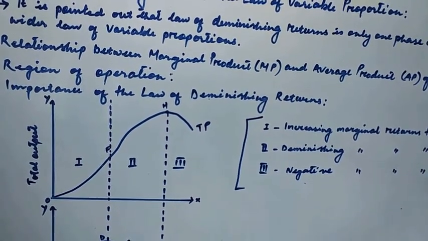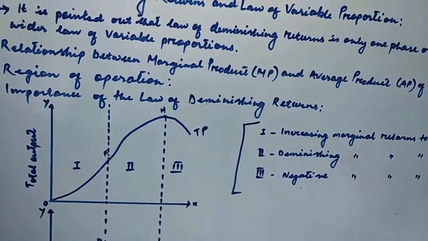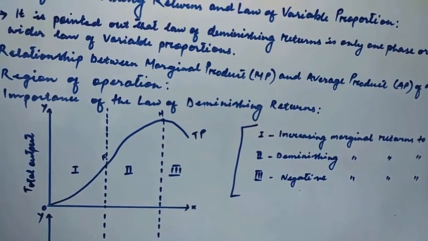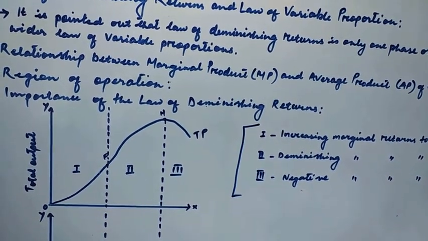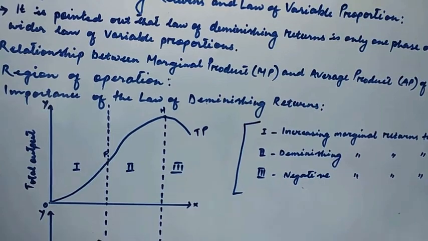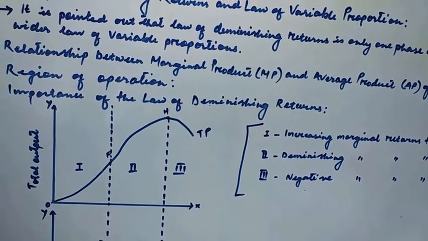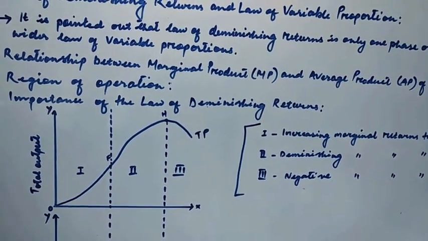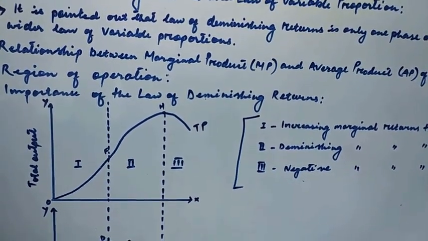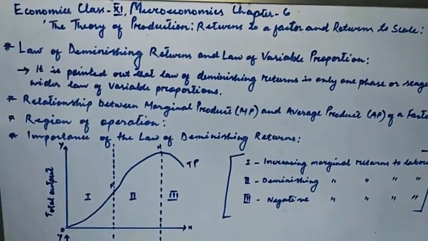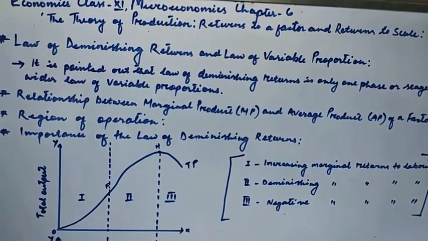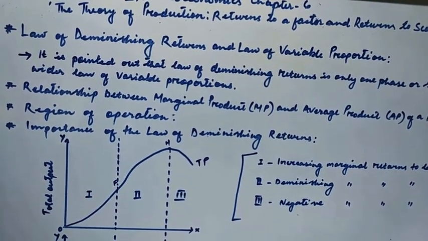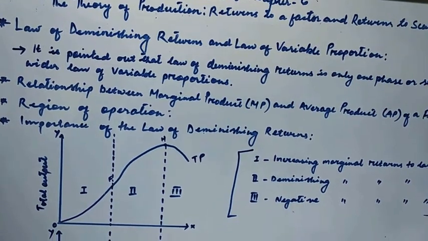So this diminishing returns occurs just because of the increase in the proportion of the variable factor with respect to the quantity of the fixed factors beyond the point of optimum proportion. That is why we have diminishing marginal returns. So in modern economic theory, it is important to note that there is not much distinction made between the law of diminishing returns and the law of variable proportion.